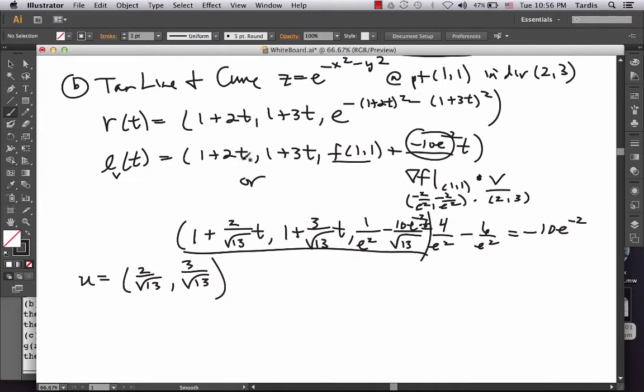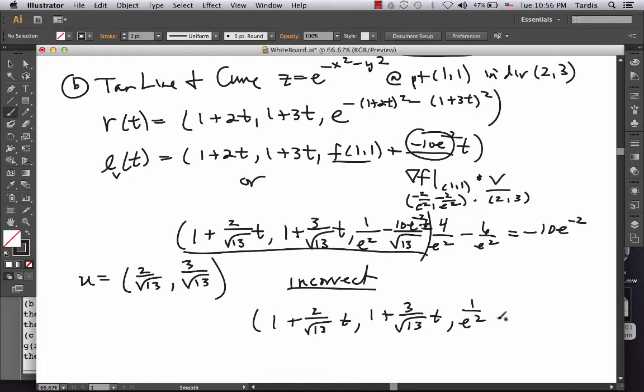You should not combine those two. If you put 2 and 3 here, the incorrect answer would put 1 plus 2 over square root of 13 t, 1 plus 3 over square root of 13 t, and the incorrect answer would put 1 over e squared plus something times t. It would be incorrect here to put the gradient of the function dotted with v.